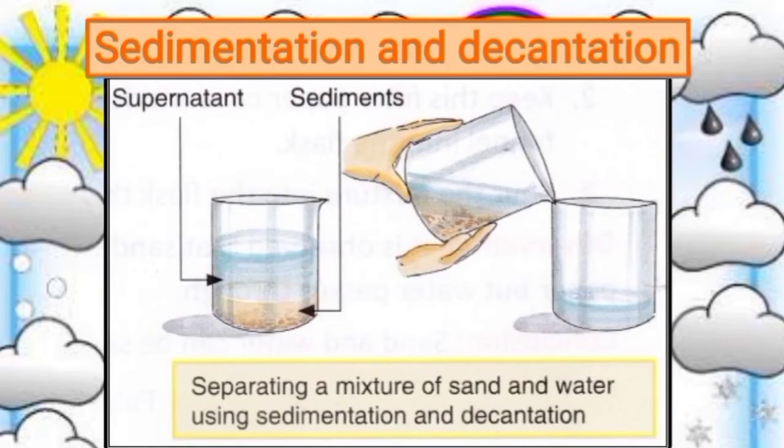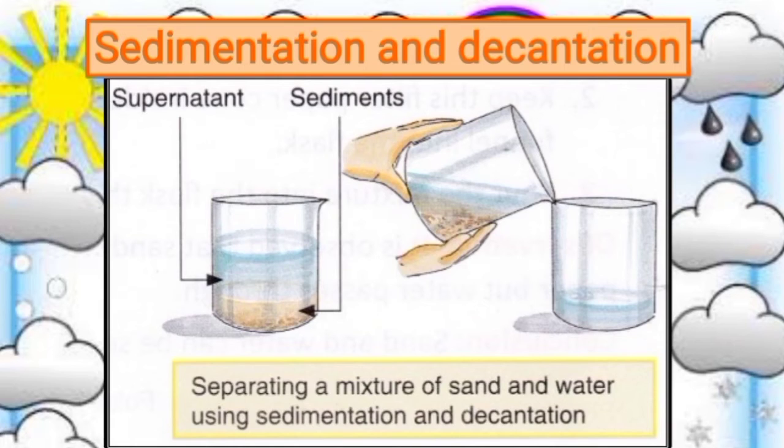Sedimentation and decantation is another method of purifying water. During sedimentation the liquid is left undisturbed for some time. Then the heavy insoluble solids settle down at the bottom, and this process in which insoluble substances settle down is called sedimentation.